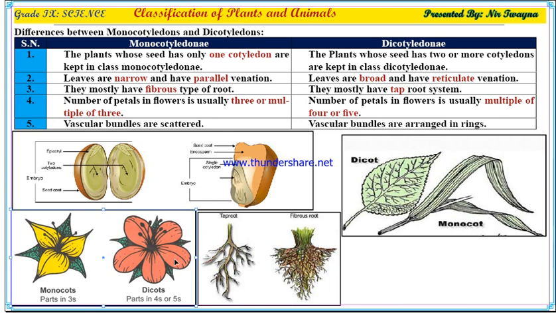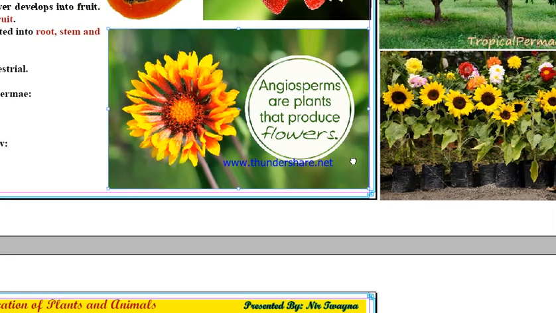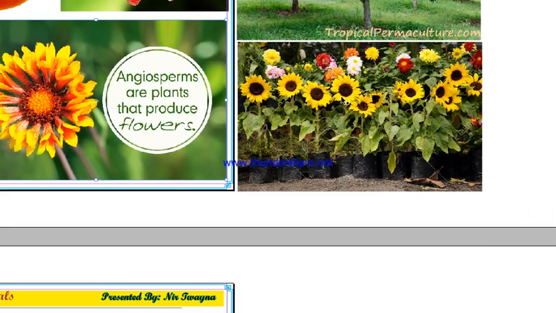You might ask me, sir, whether sunflower is monocot or dicot. Sunflower is dicot. So what is the number of petals in sunflower? You said that the number of petals in dicot cannot exceed 10, but there are more than 10 petals in sunflowers. Yes, you are right.